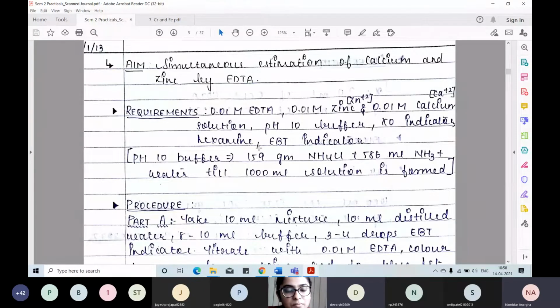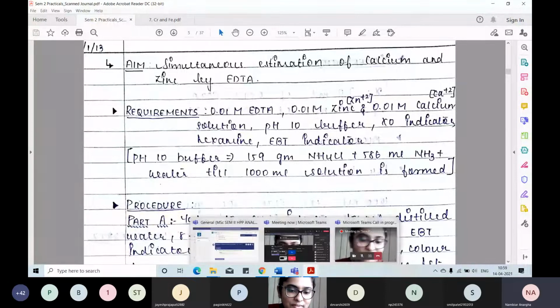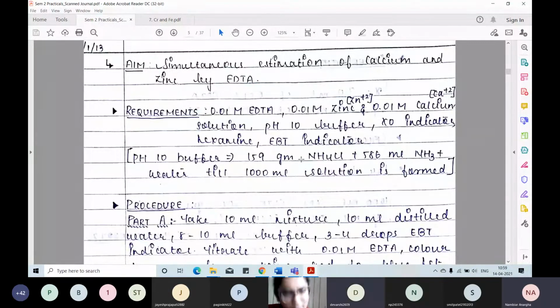It is actually, see, I won't say it is not possible, provided you find something to mask calcium. First of all, you mask the entire calcium, make sure that it won't interfere, then you can continue with it. Otherwise, it is not possible. Okay, ma'am. Thank you.